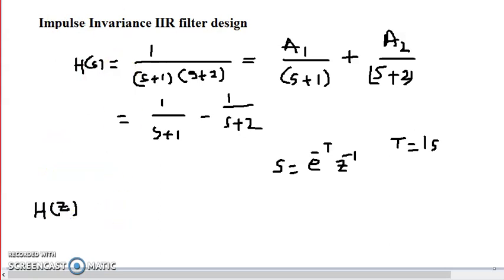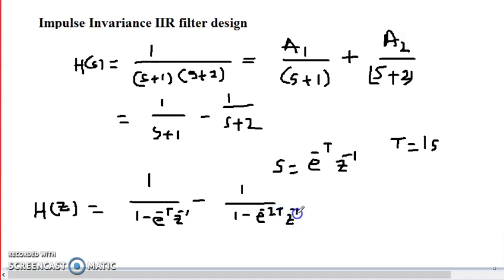So what will this be? This will be simply 1 by 1 minus e raised to power minus T z raised to power minus 1, minus 1 upon 1 minus e raised to power minus 2T z raised to power minus 1.